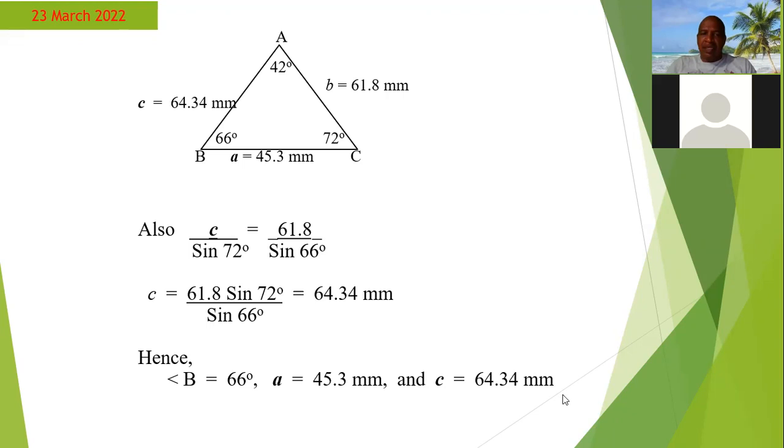Now, sometimes you may have a slight variation with the decimal places, based on how you round off. If you use all the values that appear on your calculator without rounding off, you will get a more accurate answer. That's why I say it's best to do it in one shot. You would say 61.8 times sine 72, then divide by sine 66.